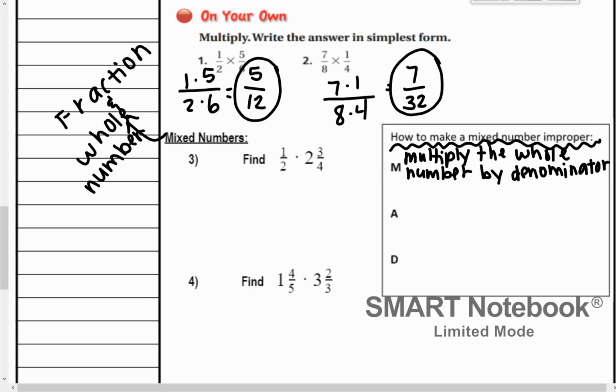What that's going to look like for 2 and 3/4 is multiplying that whole number 2 by the denominator 4. 2 times 4 is equal to 8. Then I'm going to take that 8 and add that to the numerator in that fraction.